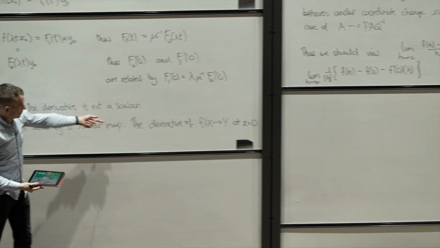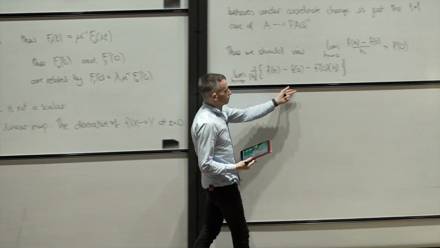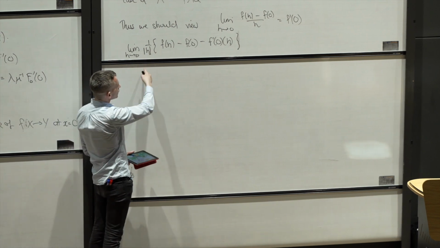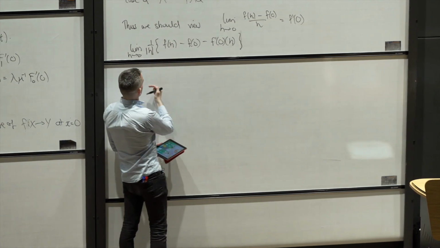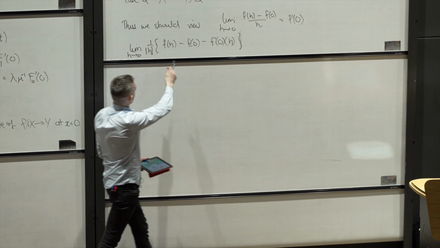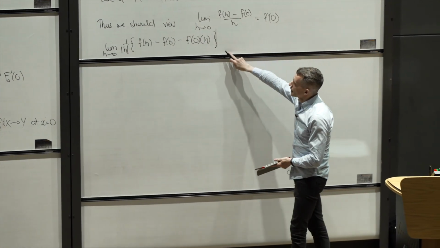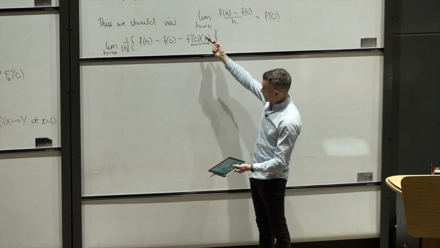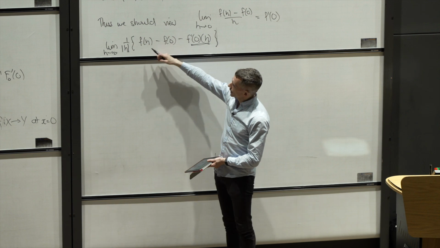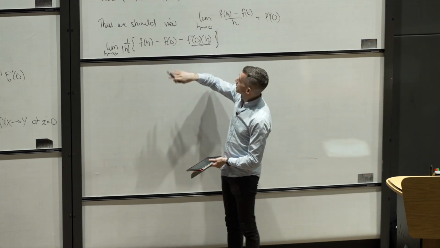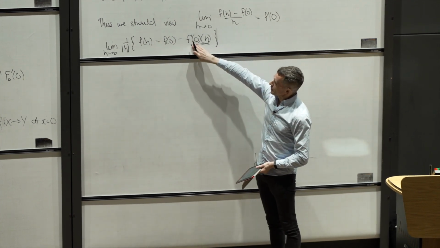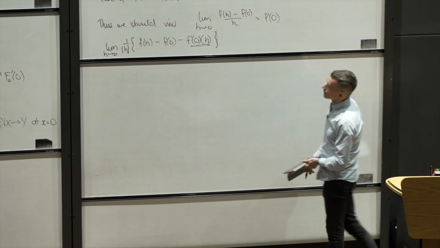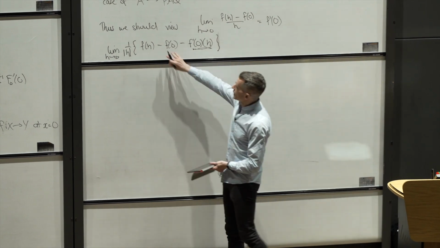Or indeed, what we can do, mimicking the one dimensional case, is just take, so yes, let's see. This expression has the advantage that if you just look at that, it's a product in the real variable case. But if you're thinking f is going from one vector space to another, then it's sort of obvious that this thing has to become a map from x to y so that you can compare the vectors f of h and f of 0, which lie in y.